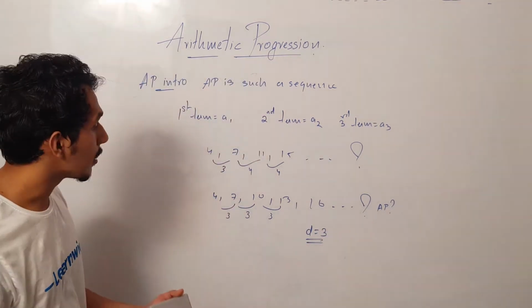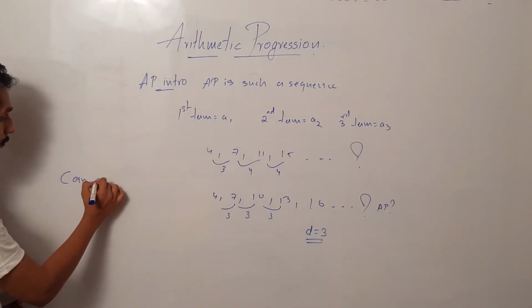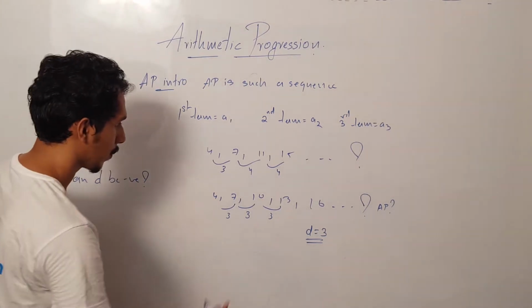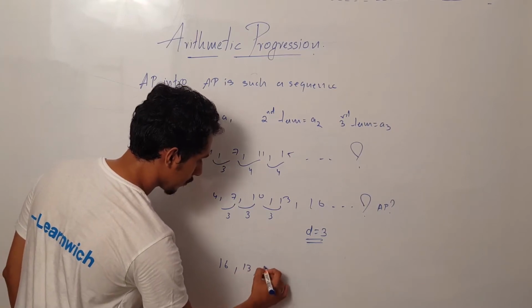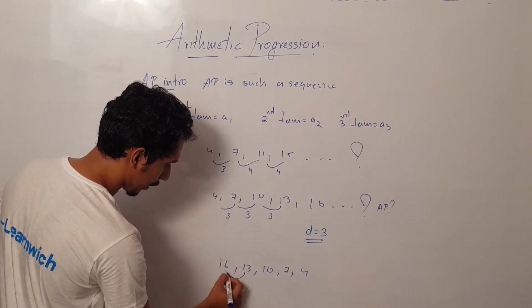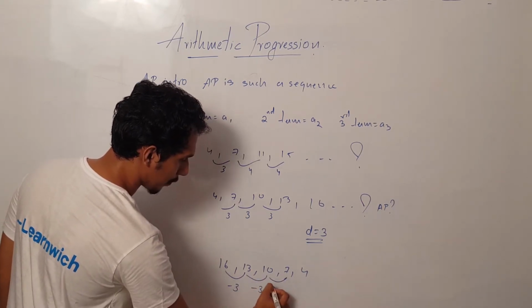The next question is, can D be negative? Of course, if you write these numbers in the reverse order, you get 16, 13, 10, 7, 4. Here, 13 minus 16 is minus 3. 10 minus 13 is minus 3. 7 minus 10 is again minus 3.